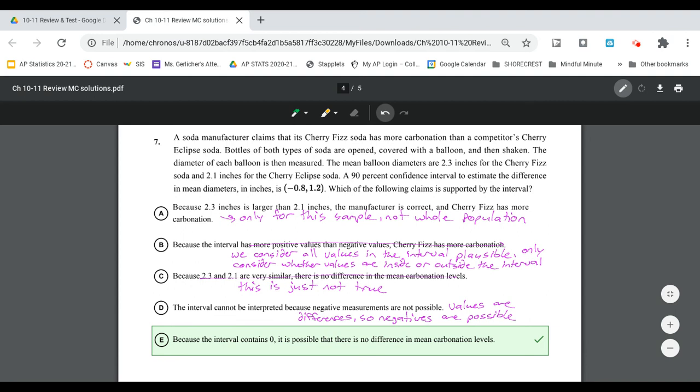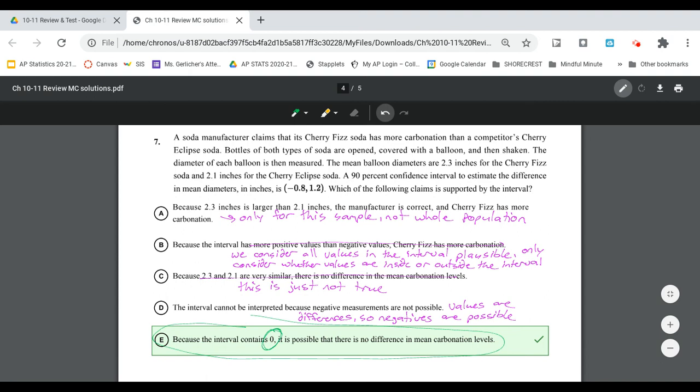Anyway, D, the values were differences. So it's something minus something. And if it ends up being a smaller number minus a bigger number, you get a negative. So negatives are possible. So E is the important thing. 0 is almost always a really important number when we're talking about comparing two things or talking about differences.